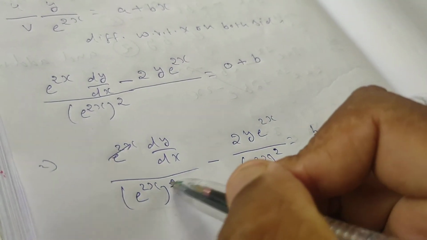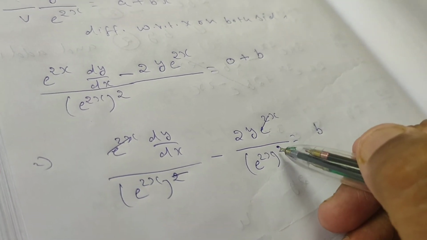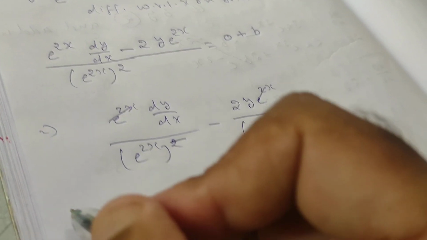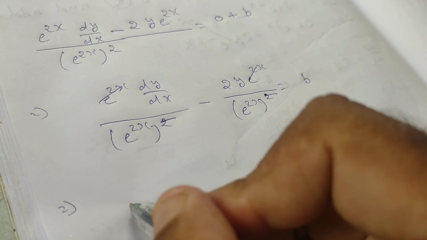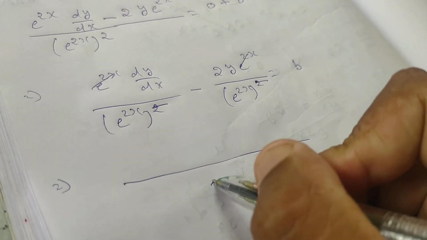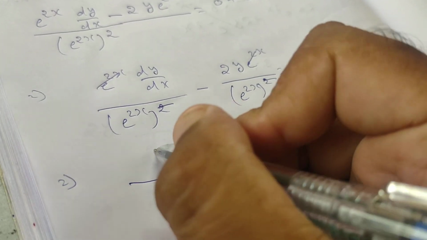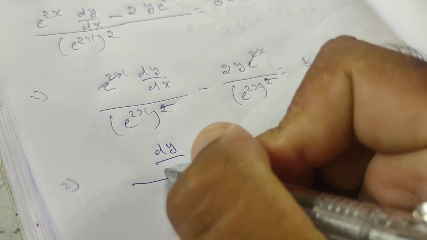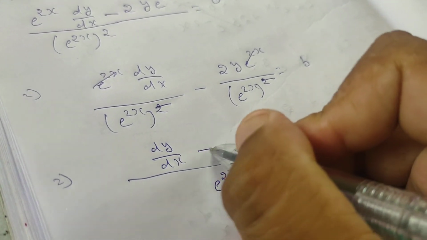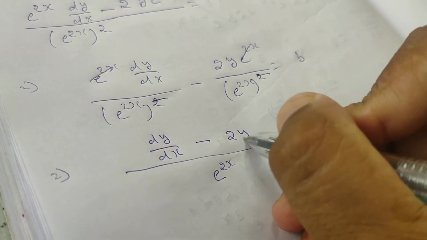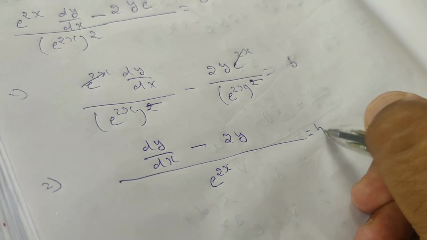This will cross out, this will cross out. So what will be left? This implies we are left with e raised to the power 2x and dy by dx minus 2y is equal to b.